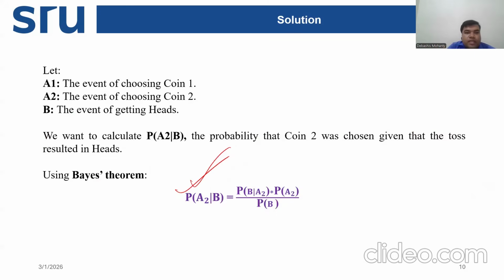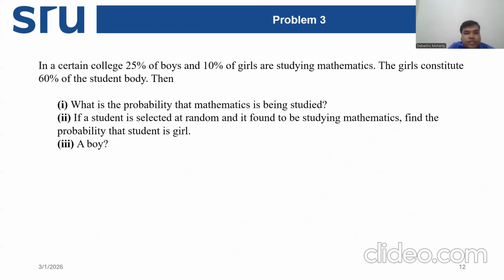Okay, students. Next, coming to the third question. That is a very important and very interesting question, so try to understand this. In a certain college, 25% of boys and 10% of girls are studying mathematics. Girls constitute 60% of the student body.